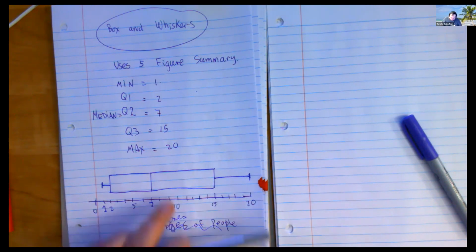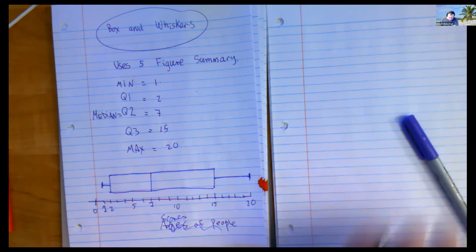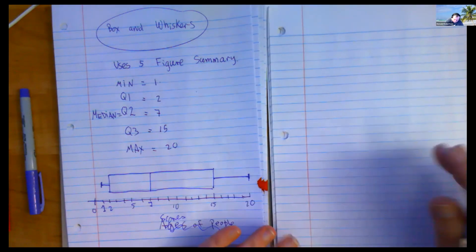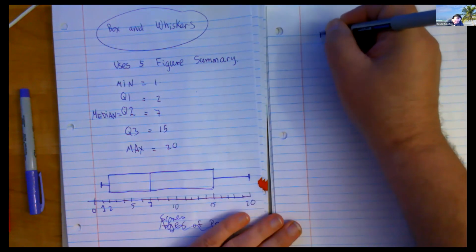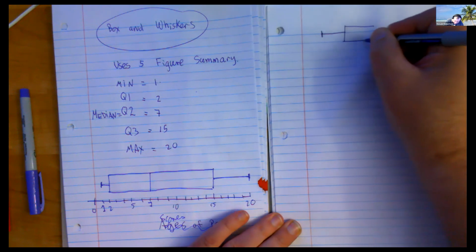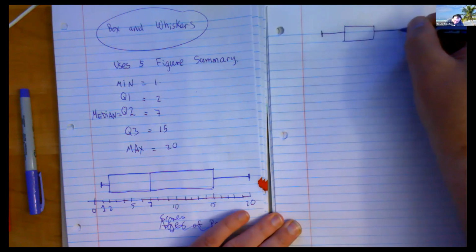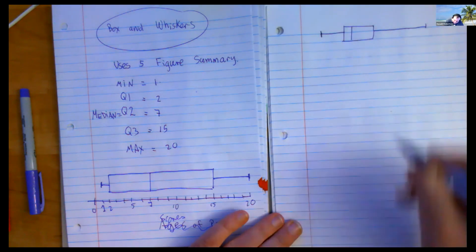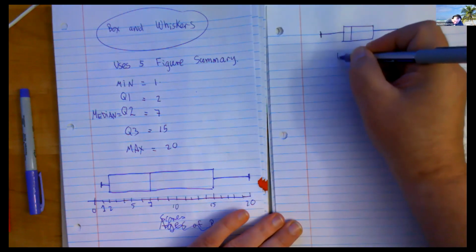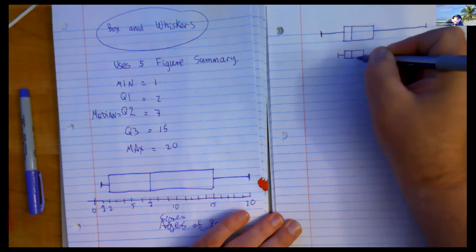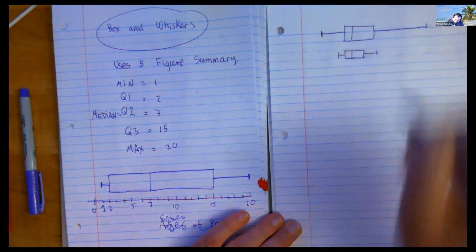In this particular situation, imagine that I did 2 of them, right? I collected some data and I got a box plot, one of these box and whiskers, and it looks like that. And then I got another box plot, and it looked like that.